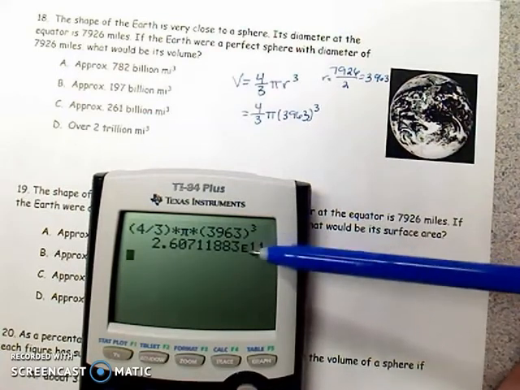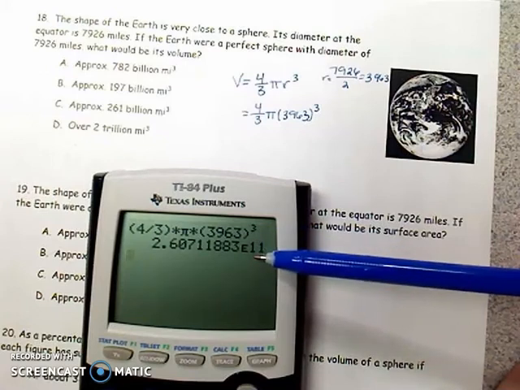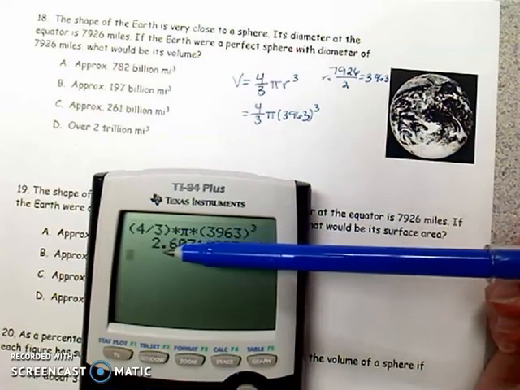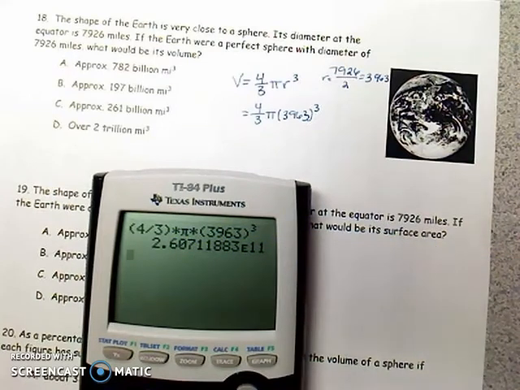This is in scientific notation, which means the number's way too big to put in the calculator. So this is 2.61 times 10 to the 11th power.